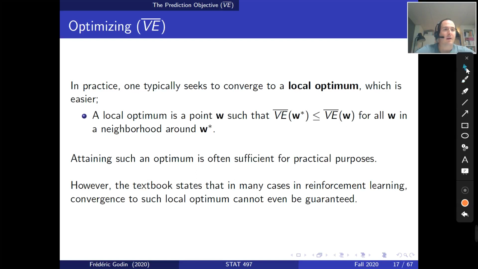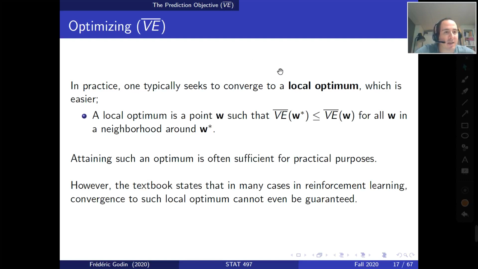But here again, we say we will be happy with local optima, but the textbook discusses that whenever we add approximation to our reinforcement learning algorithms, unless we're in very specific cases that we will discuss subsequently, often the algorithms cannot even guarantee that you will converge to a local optimum.